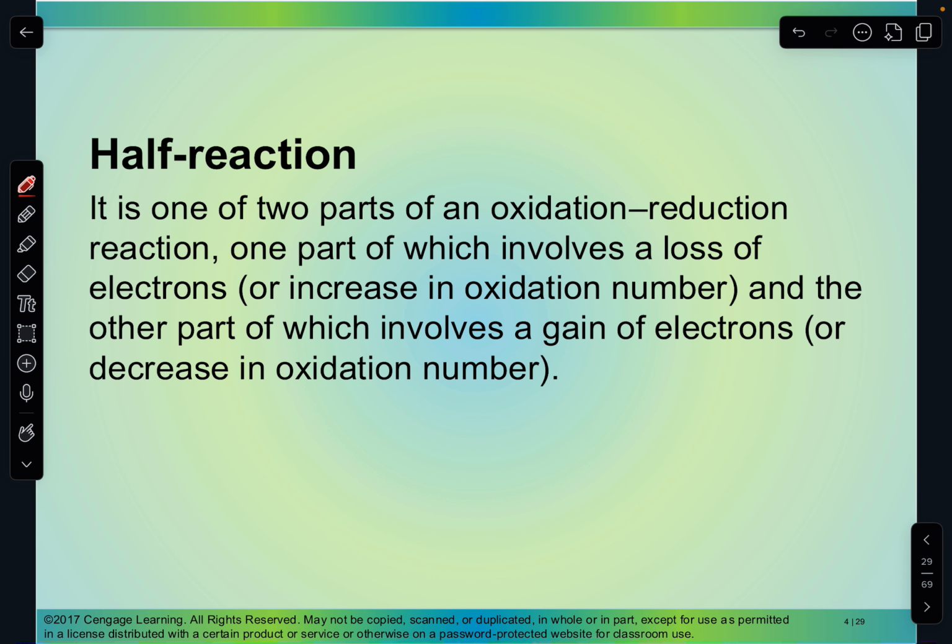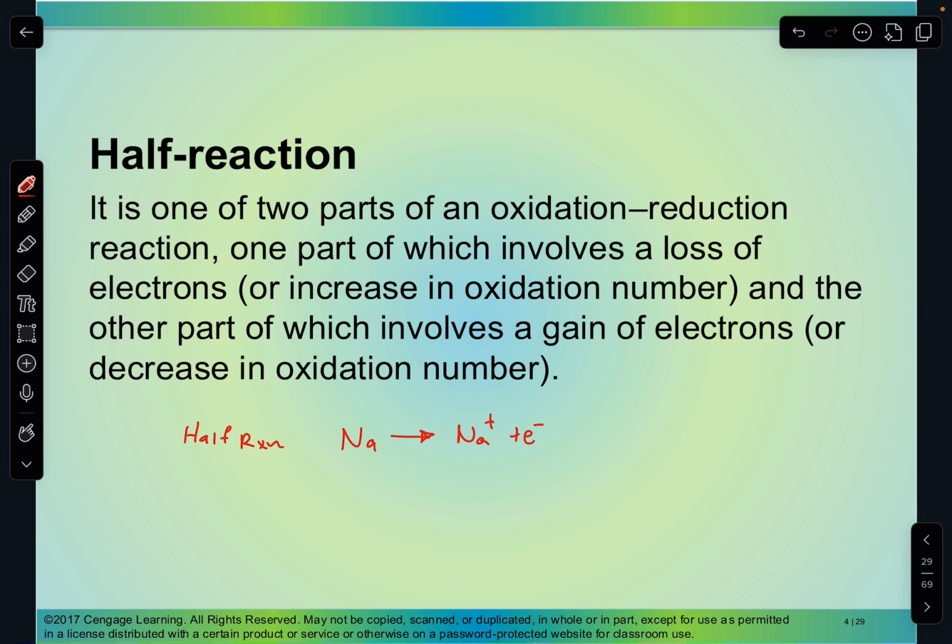So a half reaction shows something that is being oxidized and something that is being reduced. And I'll get into what those terms mean exactly in just one second, but we have Na going to Na plus e minus. This is a half reaction because it is 1/2 of an oxidation reduction reaction or a redox reaction.